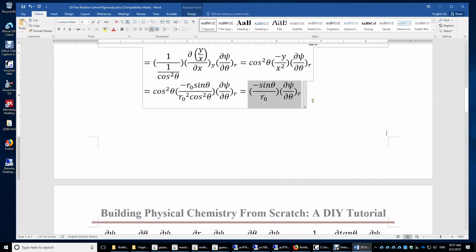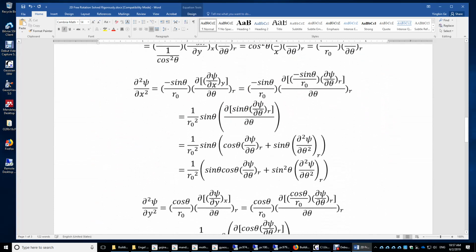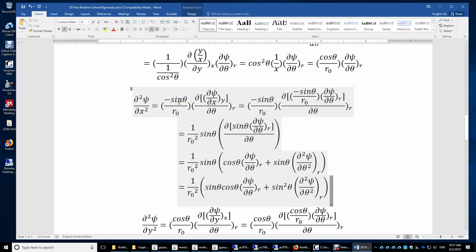So over here, this is our first derivative. So we just need to apply this negative sine theta over r0 and delta over delta theta twice to this side. So that's what we do here. Negative sine theta over r0 and delta over delta theta. That's the first derivative operator, and then another first derivative operator here. So we apply the first derivative operator twice to this side.